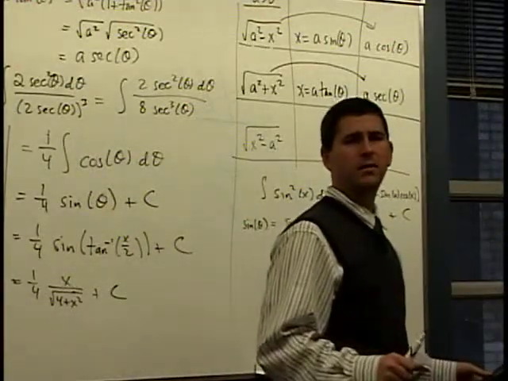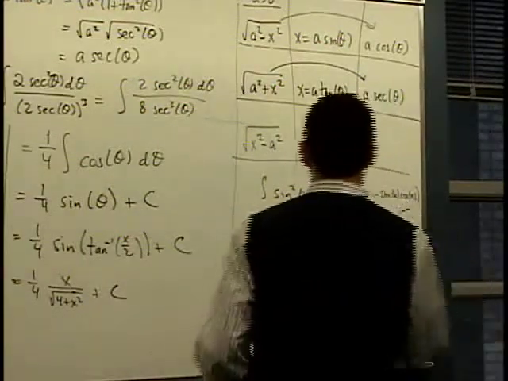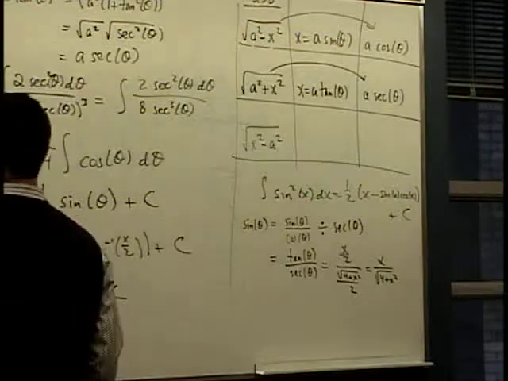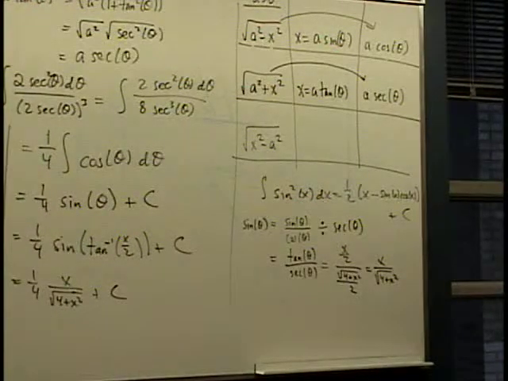When do we have till? 50? All right. Let's look at this last one, x squared minus a squared. So I actually want to use this formula again, only I'm going to move the 1 to the other side.